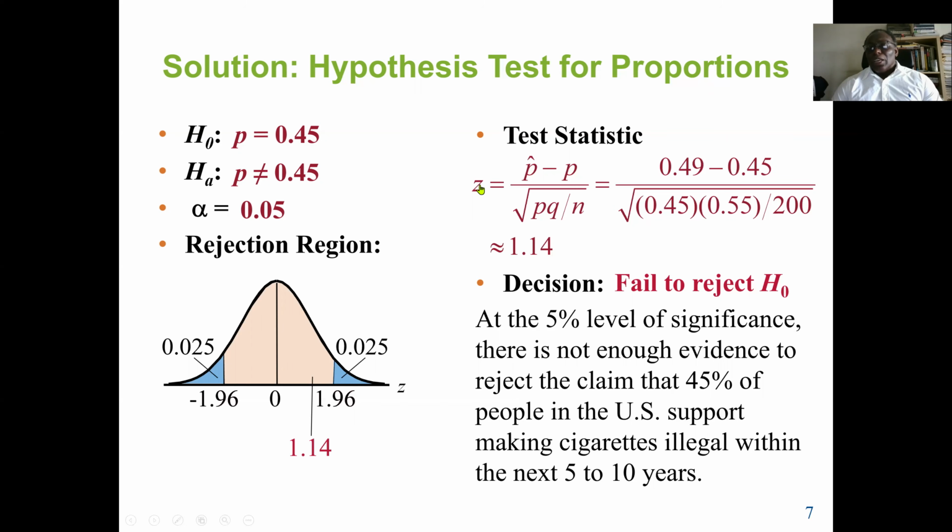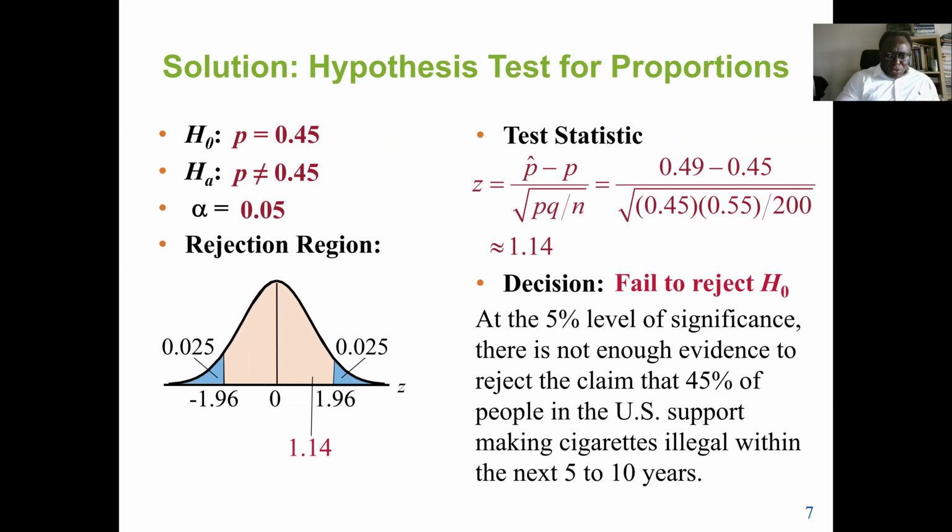Or again, we get a Z value, 1.14, and go and look for the P value. When we get the P value, then we compare the P value with the alpha. I'm going to look at the P value right now.